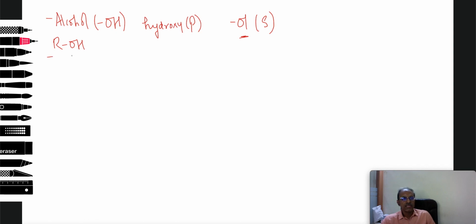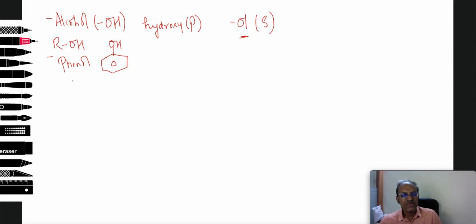Now, there is something called phenol. Phenol is nothing else but an aromatic ring attached to an OH.